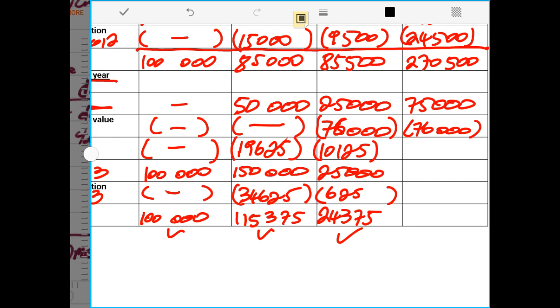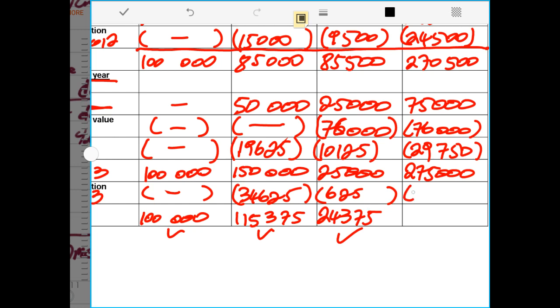Then that will give us a total of negative 29,750 rands, because these amounts are all negative. Then we add 100,000, 150,000 and 25,000 rands. That will give us 275,000 rands.